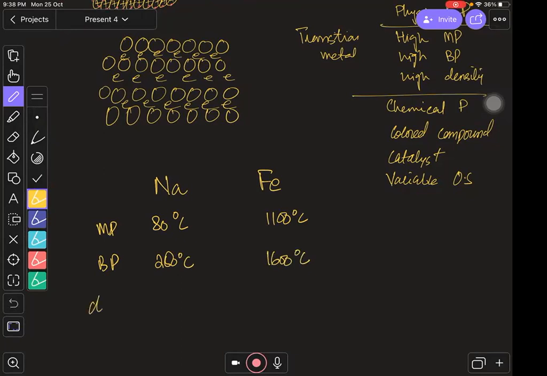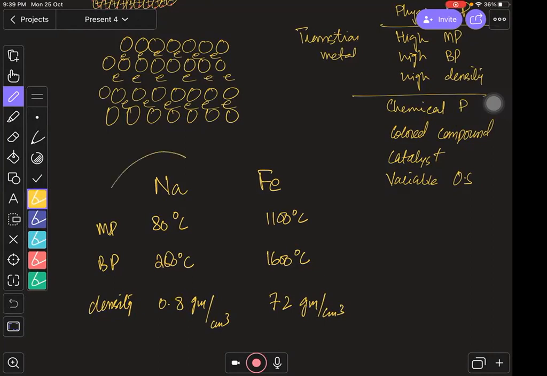And if you talk about density, you can use 0.8 for sodium because it floats on the water. That is why it is very less dense, and iron is just like 7.2 grams per centimeter cube. So you can imagine how the density, melting point and boiling point of these metals are different from each other, right?